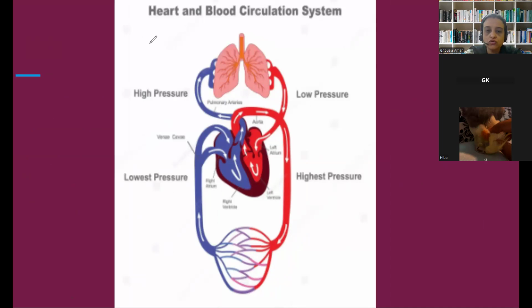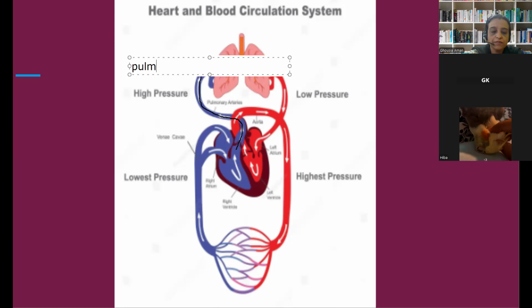All right. So you can see this blood vessel is taking the blood away from the heart. So it's an artery. So anything related with our lungs is called pulmonary diseases or the pulmonary blood vessels. So see this blood vessel, it is taking the blood away from the heart where? To the lungs. So this blood vessel is called pulmonary artery.